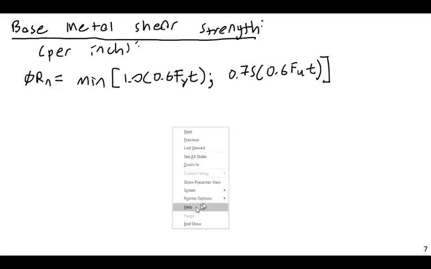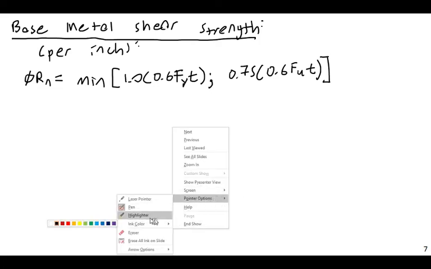Basically this here is going to be a yield failure and a fracture failure.